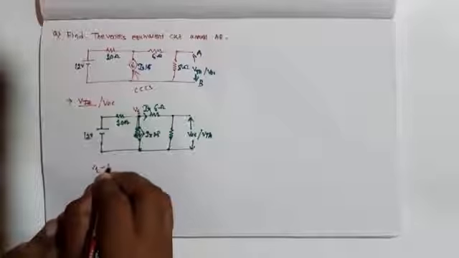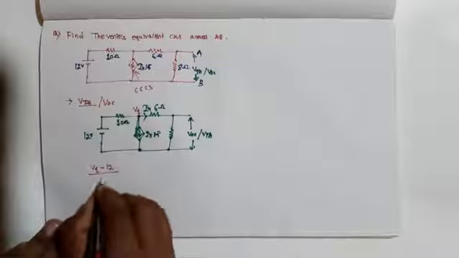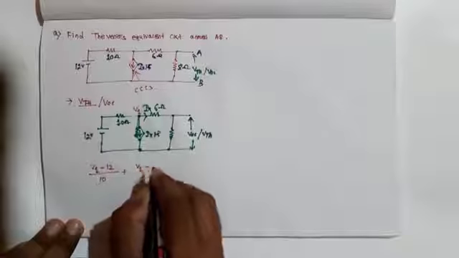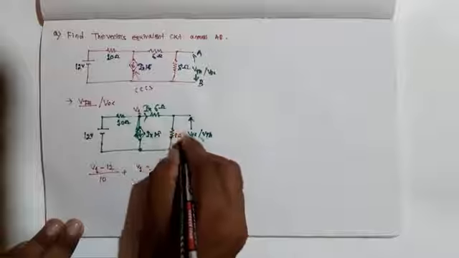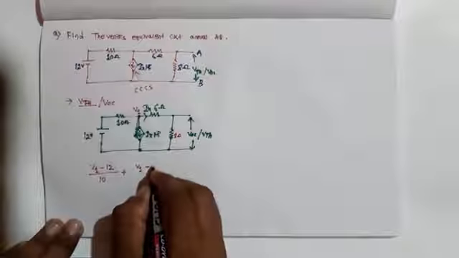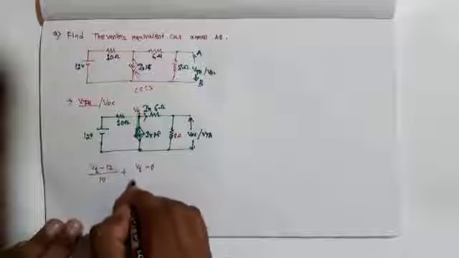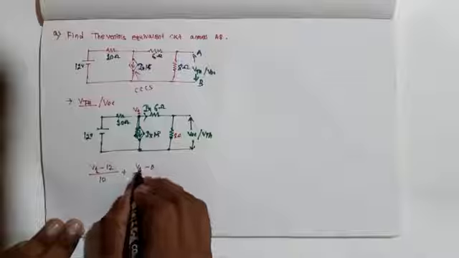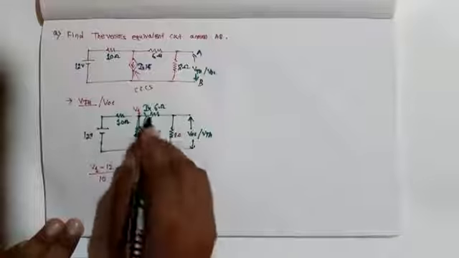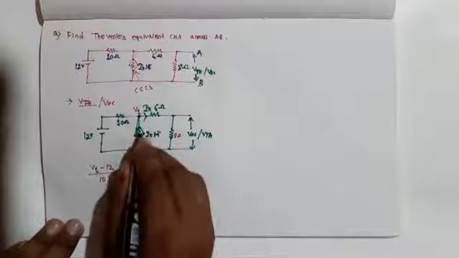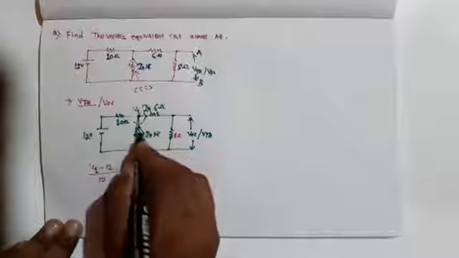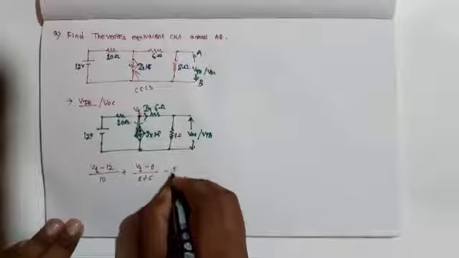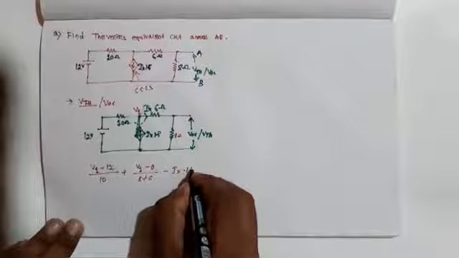This is (V1 minus 12) divided by 10, plus (V1 minus 0) divided by 8 plus 6, since this is open circuit and these are in series. Then this current is upward, so this is minus Ix into 1.5.